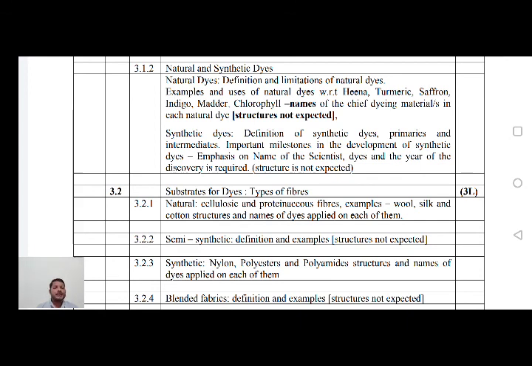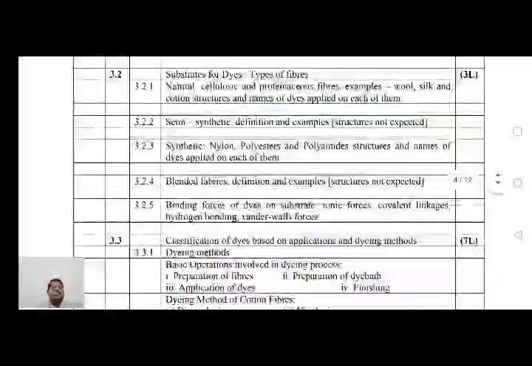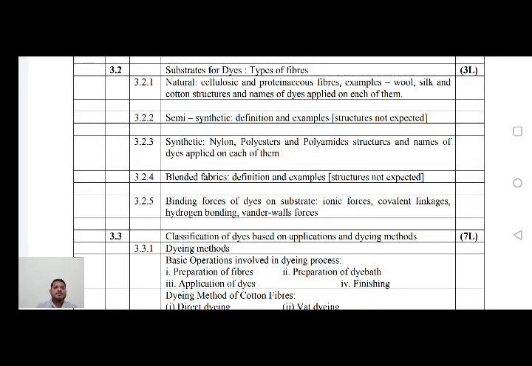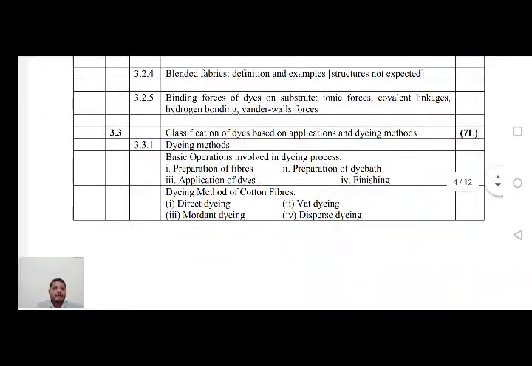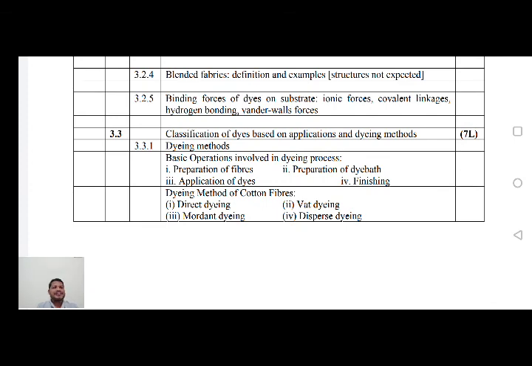To overcome these limitations, in day-to-day life we use synthetic dyes, which are easily available and cheaper than natural dyes. Next, substrates for dyes: types of fibers, that is natural fibers such as wool, silk and cotton, their structure and names, then semi-synthetic and synthetic fibers, their structure and names, then what is meant by blended fabrics, with definition and example.